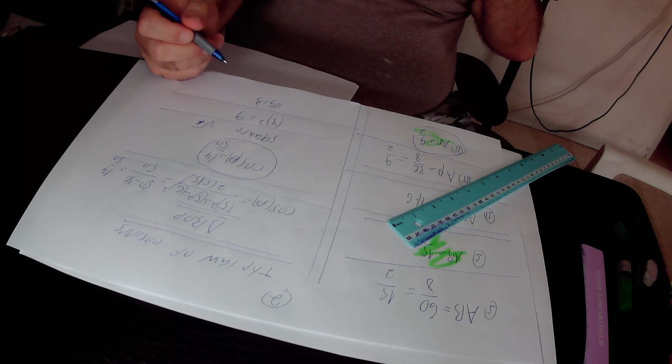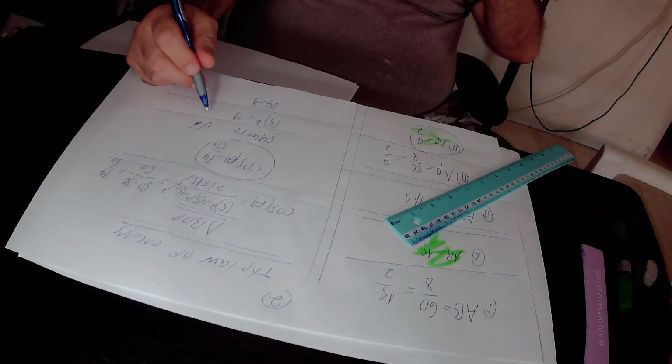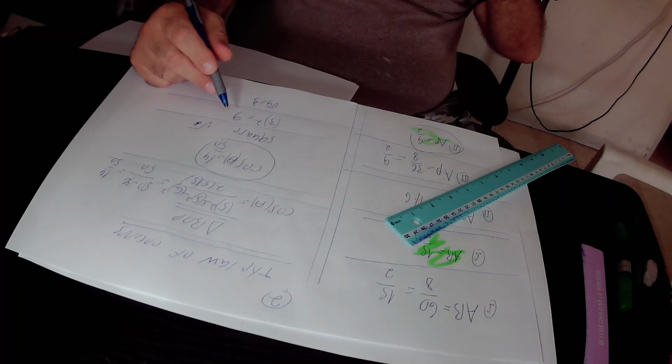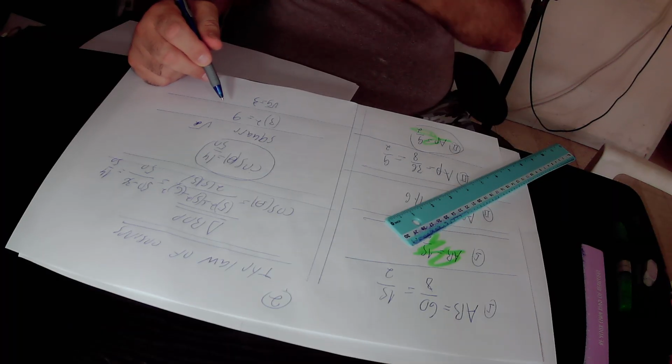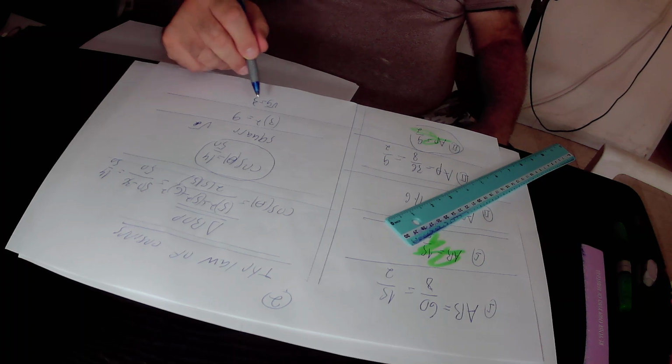That is to say, the root cancels out the action of a square. In this way, we get the original number 3 again.